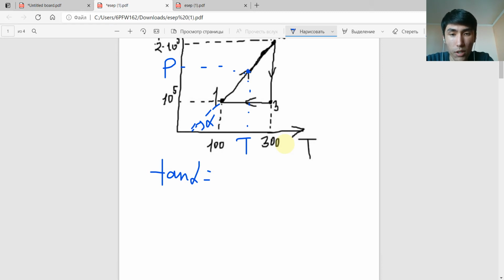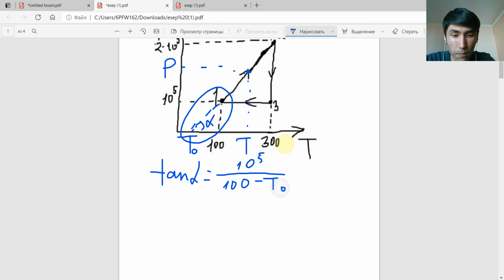Here we determine this side, tangent alpha of this side. So here we can write T0 here. Here will be 10 to the power of 5 divided by 100 minus T0, right?